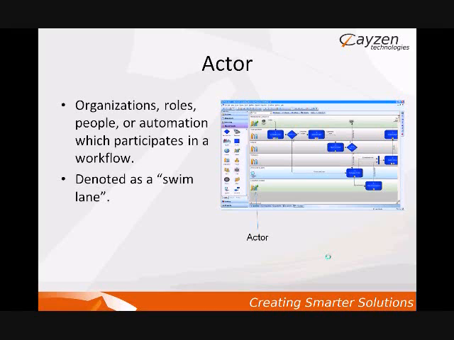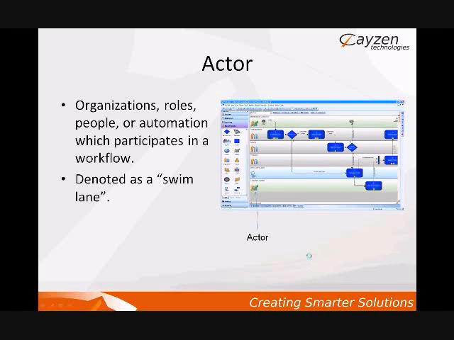So actors are organizations, roles, people, or automated processes which participate in a workflow. And they're depicted here as an individual swim lane. And the idea here is that where a decision or an activity or a starting point, basically any object on the model, occurs within a swim lane, that indicates the actor which is responsible for executing that activity.